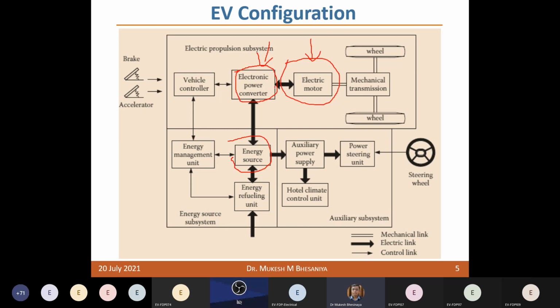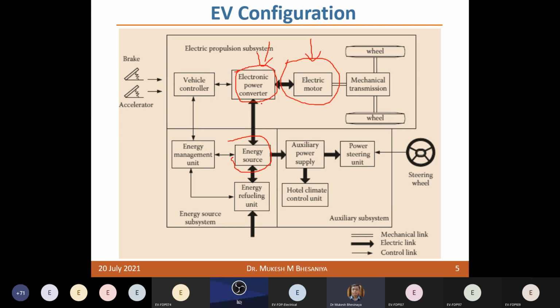You will find a lot of papers specifically related to EVs. For industrial drives, space vector modulation is a very common method used for the control of an inverter, and in many drive applications it is used. So in the EV also, space vector modulation is used.